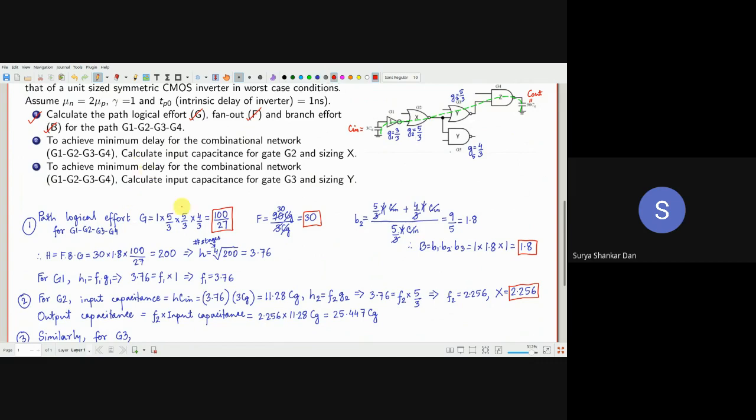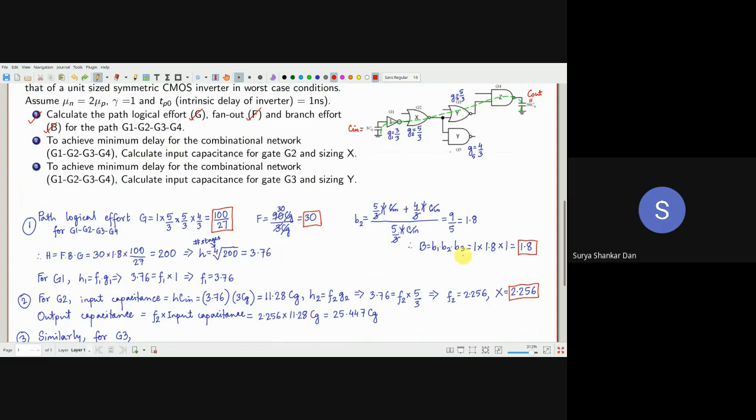Fine. So now, what we'll do is we will find out the total delays for the circuit. What will that be? This is the path fan out, and then multiplied by the branching effort, and then you are going to multiply with the path logical effort, which is capital G. So what is this capital F? 30.